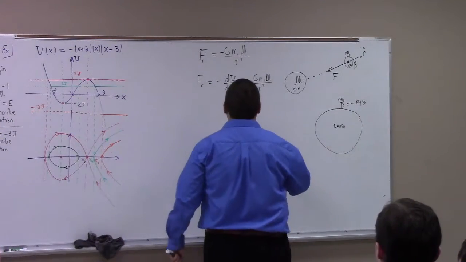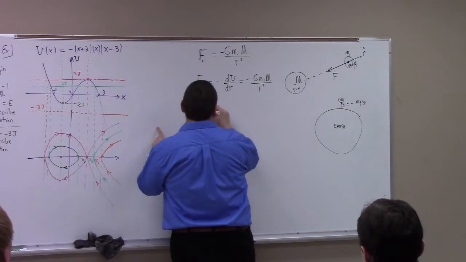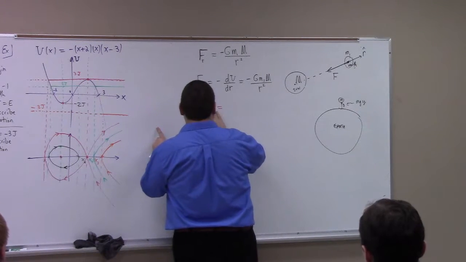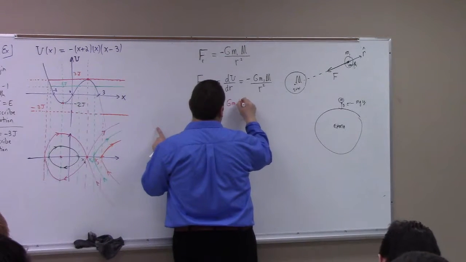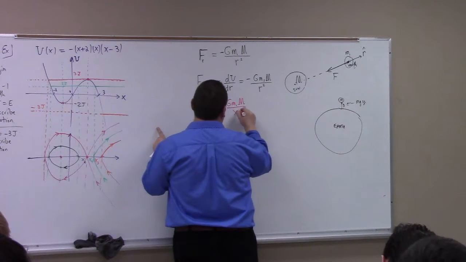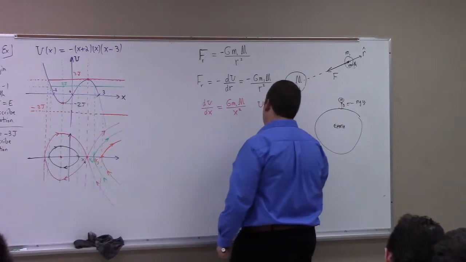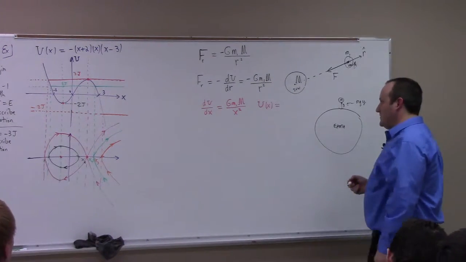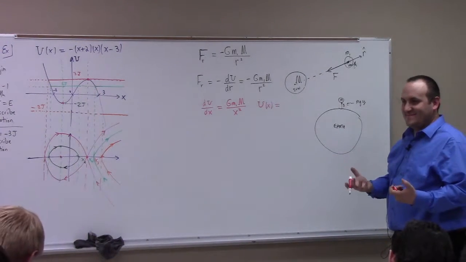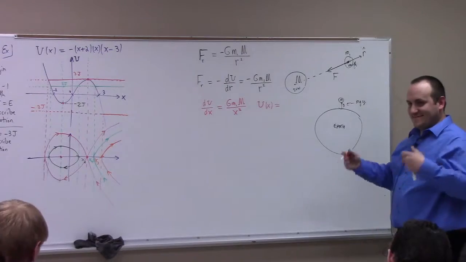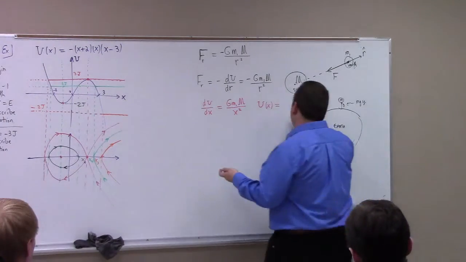Fine, get rid of the minus. dU/dr. If I make it an x, does that make it easier? dU/dx is G m1 M over x squared. What is U? If I make it an x, does that make it so you can do it? Okay, by now it's uncool for you to say it, so let me do it.